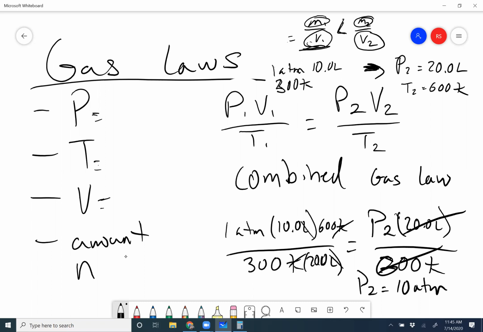The volume increased, so the pressure should decrease. But the temperature increased, so that makes the pressure increase. So because we had a doubling of the temperature and a doubling of the volume, those two worked against each other. So instead of us seeing a doubling of the pressure and then a halving of the pressure, we see this come out.